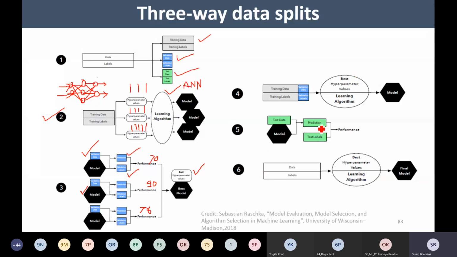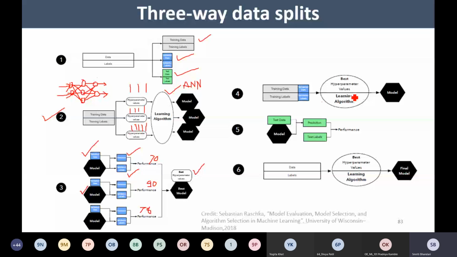That is why we are combining these two data sets. Once again, whatever learning algorithm with whatever best hyperparameter values we have selected, we now input this entire data set to this learning algorithm along with the best hyperparameter values, and my learning algorithm will try to fit the model based on this entire data.